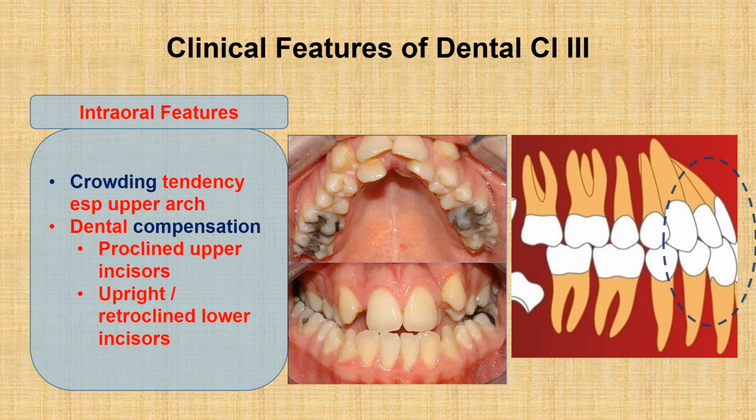The other feature we tend to see is what is known as a dental compensation. Because the lower incisors are more forward placed, they tend to become retroclined, whereas the upper incisors, which are backward placed, tend to procline in order to bring about dental compensation.